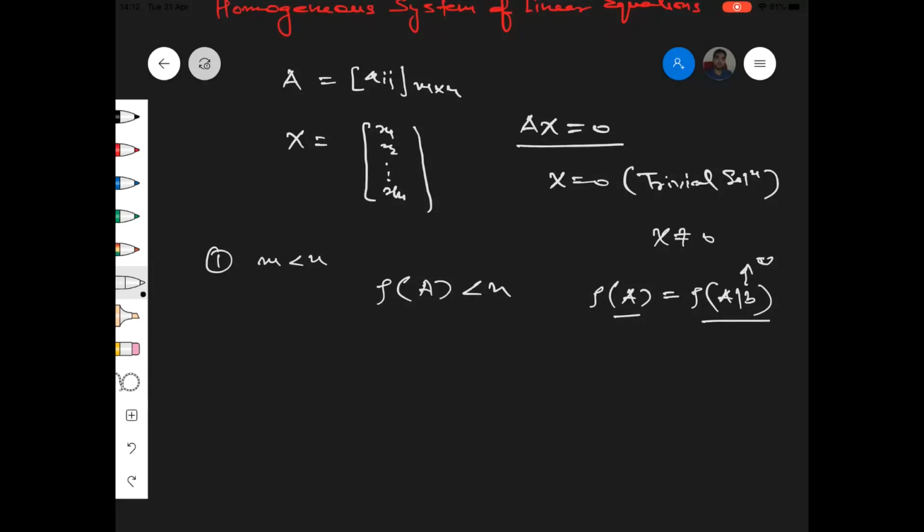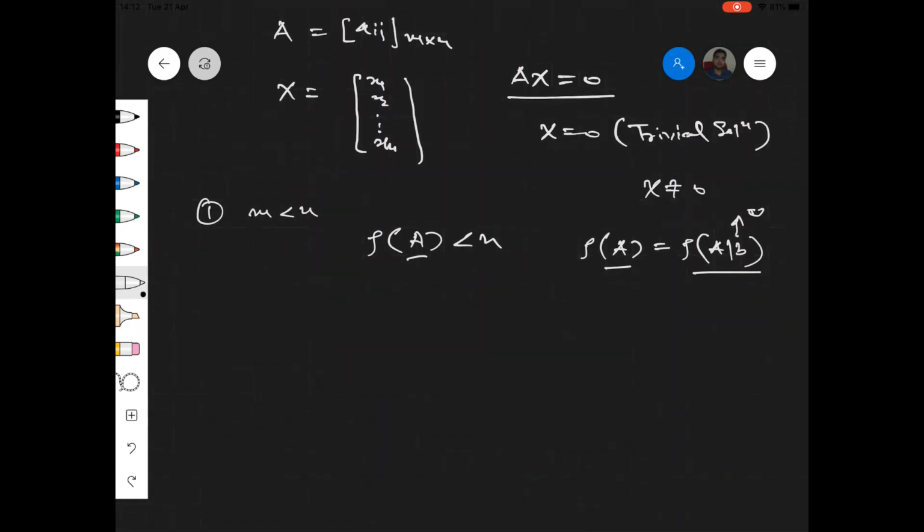So instead of comparing the ranks of the coefficient and the augmented matrix, we'll only focus on the rank of the coefficient matrix, because whatever the rank of the coefficient matrix is, the same is for the augmented matrix. So we are taking the first case where m is less than n, then definitely rank of A will be less than n.